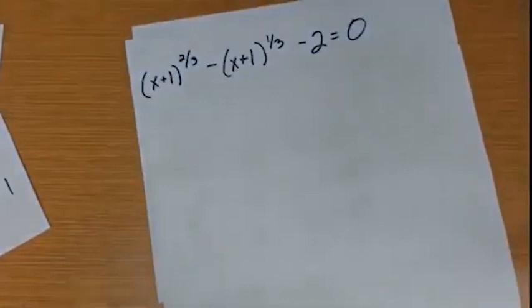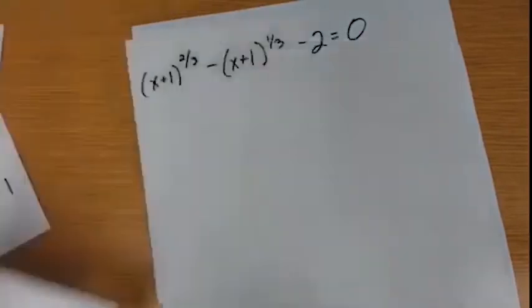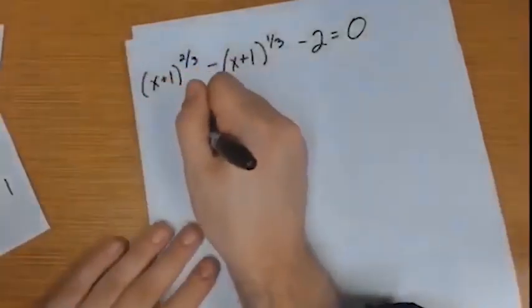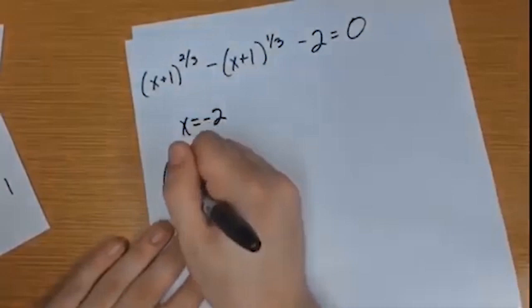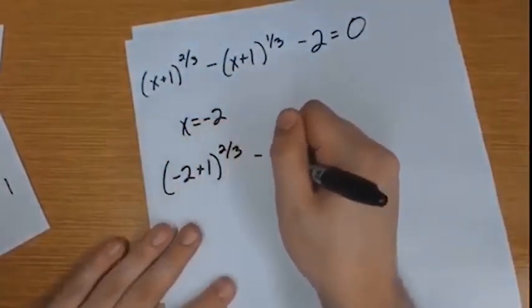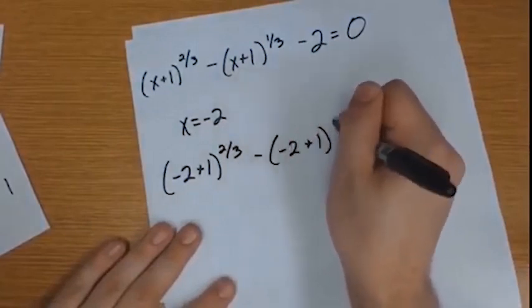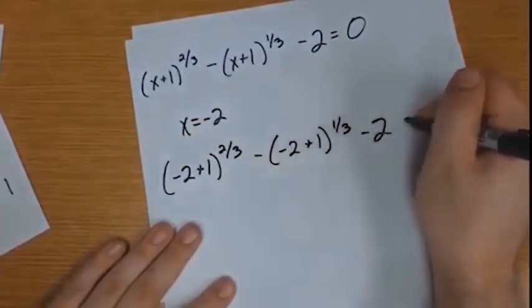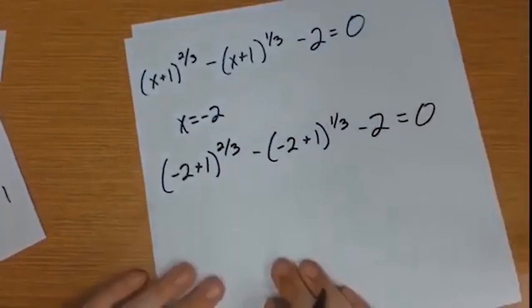Now we'll try x equals negative 2. So negative 2 plus 1 to the 2/3 minus negative 2 plus 1 to the 1/3 minus 2 equals 0.